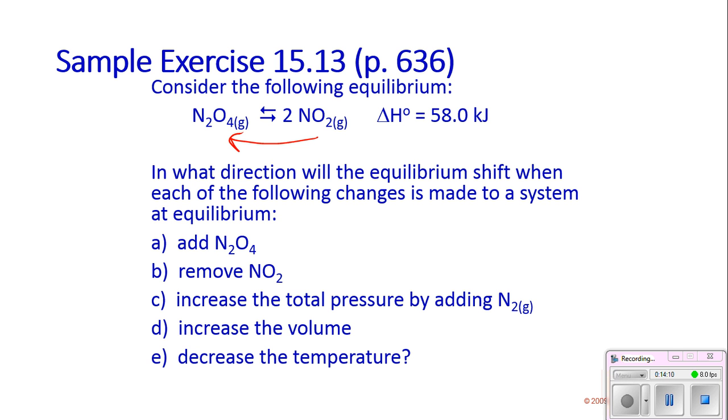Your equilibrium is going to shift to decrease the pressure as much as possible. When you increase the pressure, the reaction will shift to the left because there is 1 mole of gas bouncing around versus 2 molecules bouncing around on your product side.